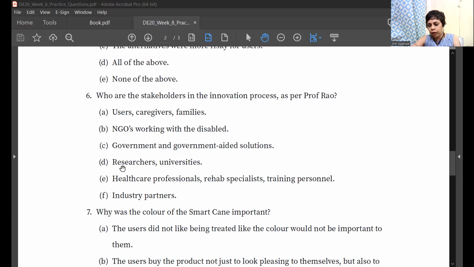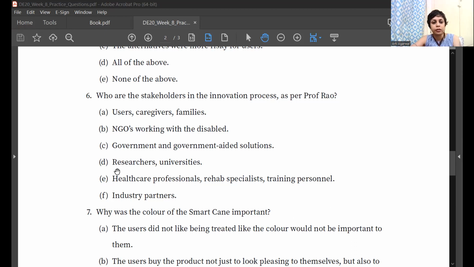So you see, a lot of the design improvements come from research. That is how you actually create products which improve upon the existing status quo, existing technologies.